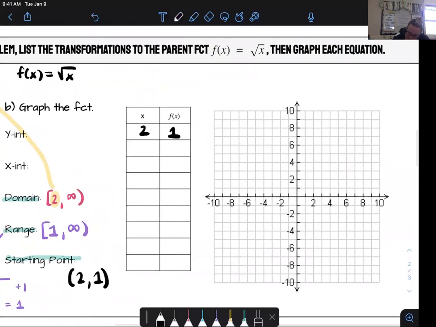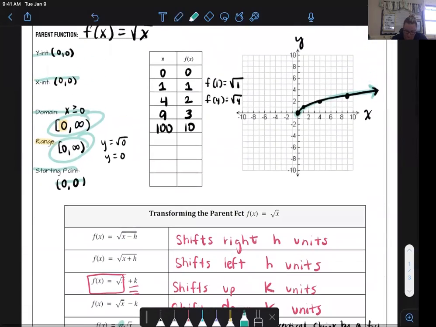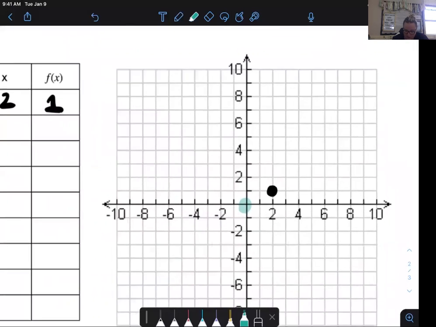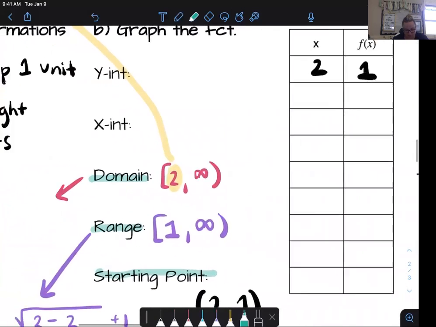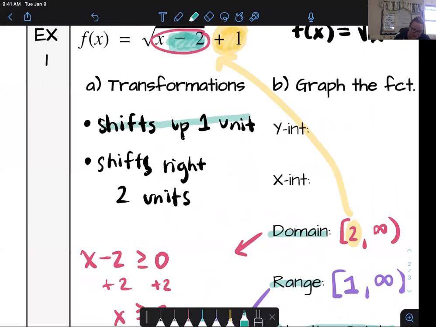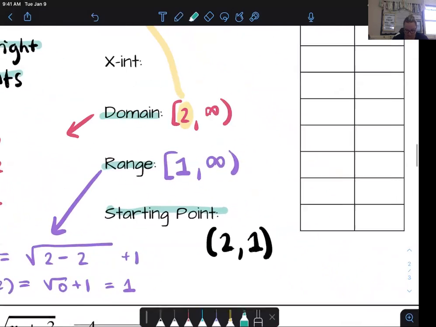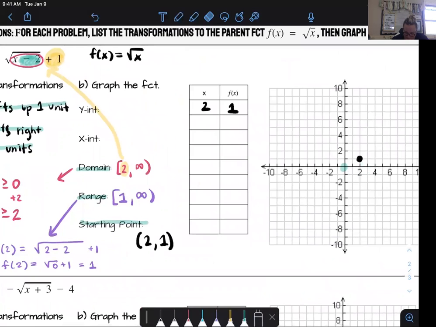And as you can see, if you compare that to the starting point of our parent function, which was at 0, 0, we shifted right 2 and up 1. Isn't that what we predicted would happen with our transformations? Shift up 1, shift right 2. So we were right with those transformations that we described. All right, so our starting point is 2, 1.